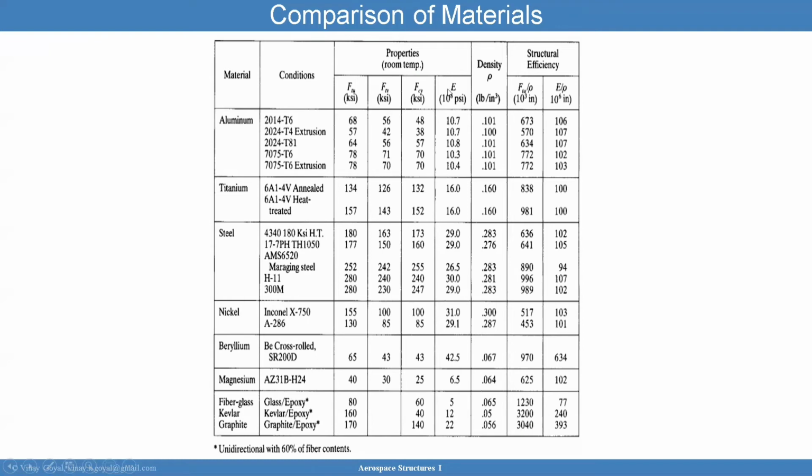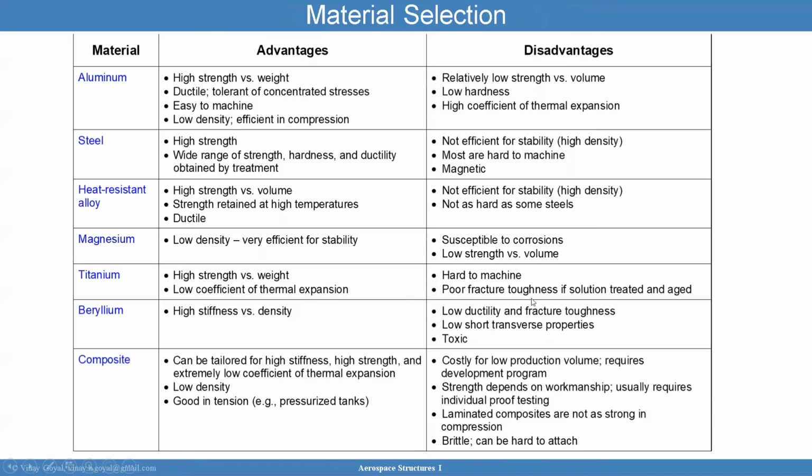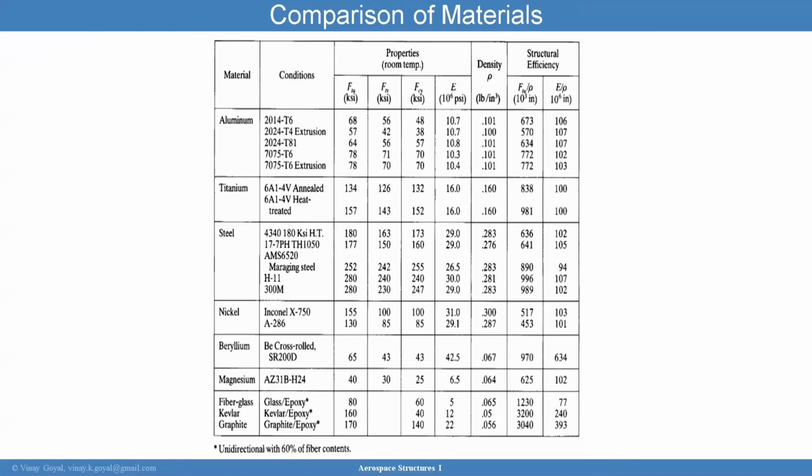If I took the modulus divided by the density, again, you can see composites doing really well. But composites are expensive, so you have to start trading between the different materials and then deciding what is best for your application.